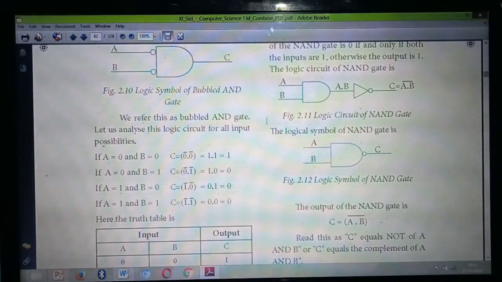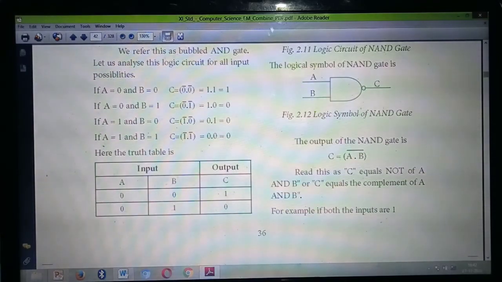From here to this logical symbol, this diagram. Starting from here, the logical symbol till C equals A dot B bar. Till here you should mark. From here, logical symbol of NAND gate, to till C equals A dot B the whole bar.